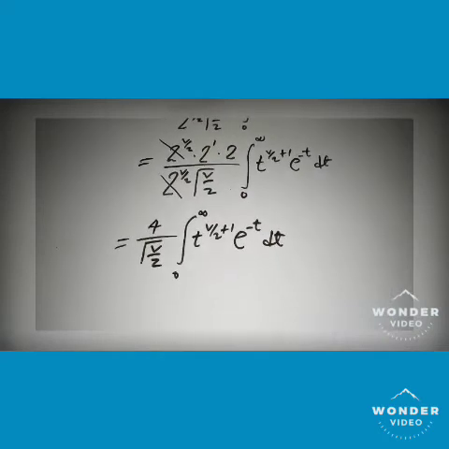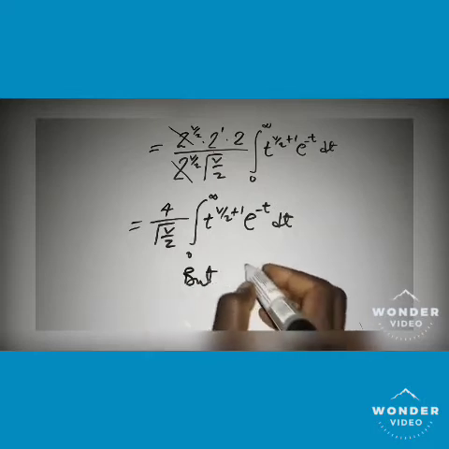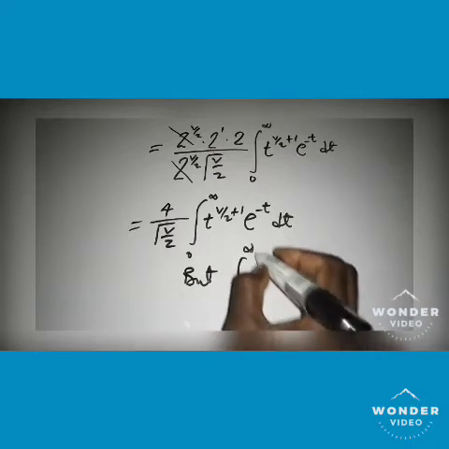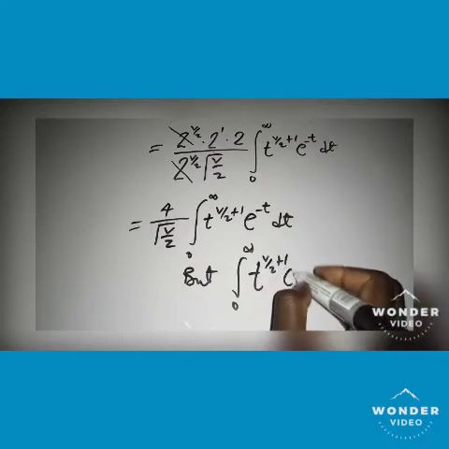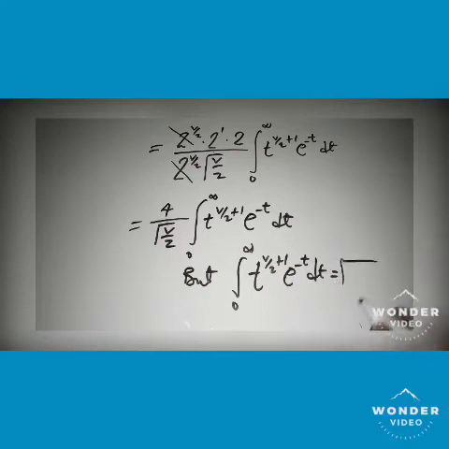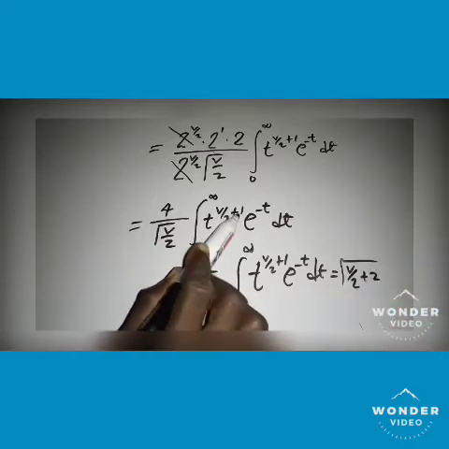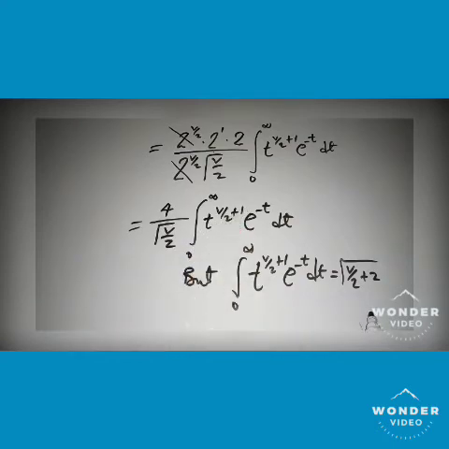But we know that this integral is defined as gamma of v over 2 plus 2, since here I have v over 2 plus 1, therefore the gamma is properly defined to be v over 2 plus 2.